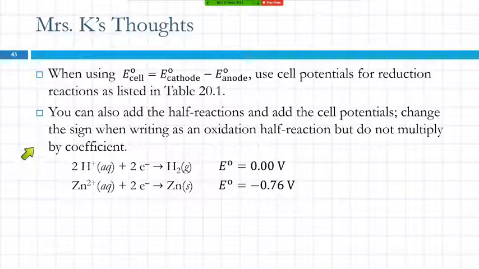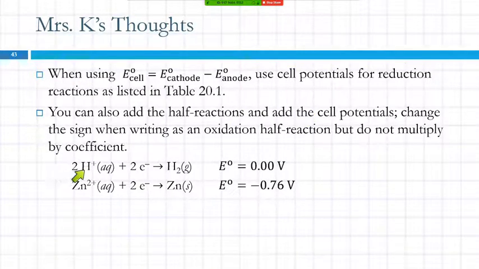So what I like to do, because this matches up with other things that we've already learned, specifically with enthalpies of reaction, is write the half reactions that are happening and add the cell potentials.